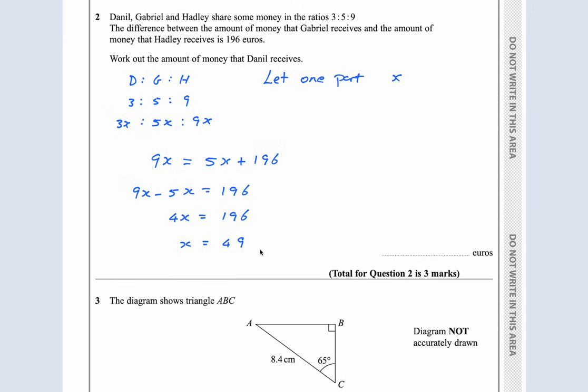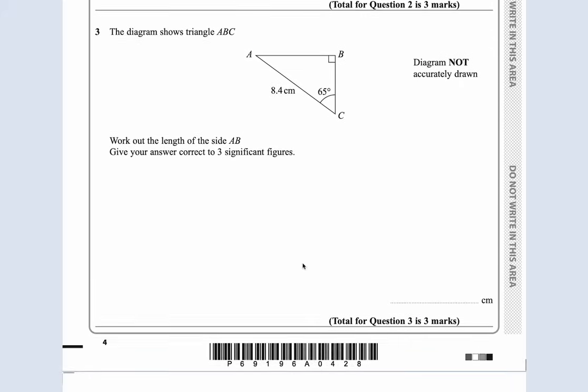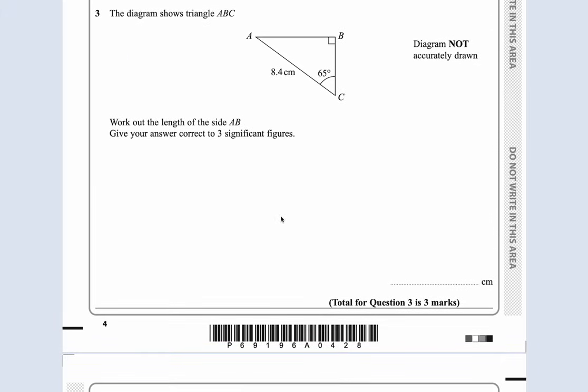Well, Daniel gets 3x, so 3 times 49 is equal to 147. So Daniel gets 147 euros. Okay, tricky start guys for question 2.